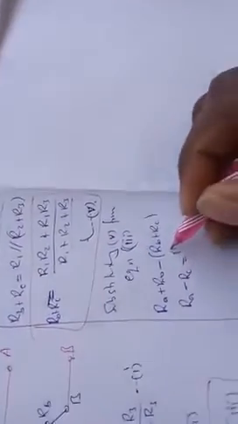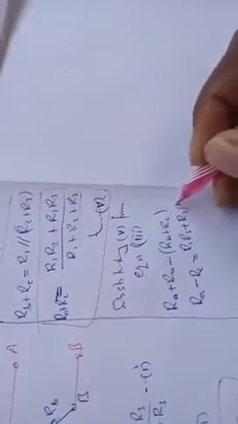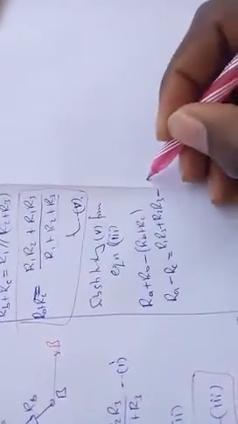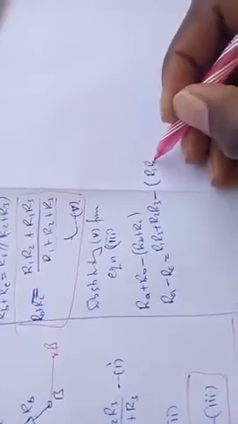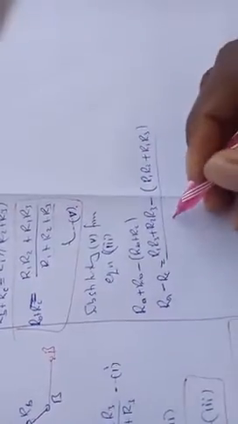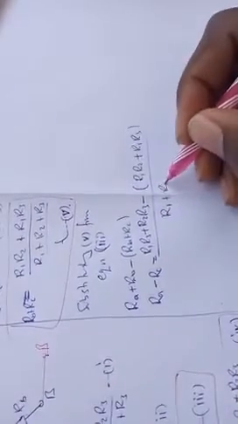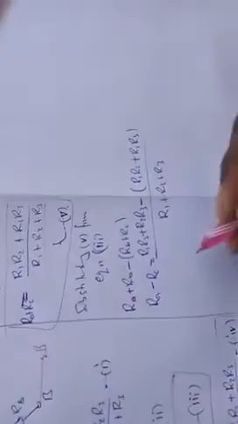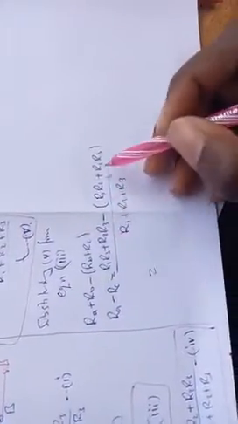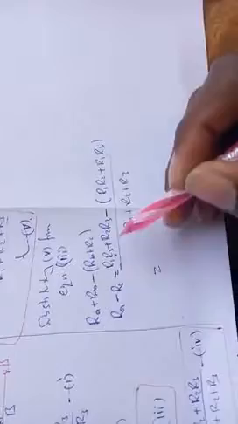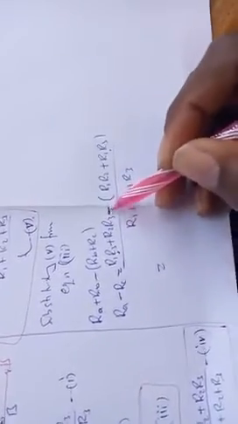So it will be R1 R2 plus R2 R3 minus R1 R2 plus R1 R3 over the same denominator. So as you can see, these are the same, and because of this minus, these two will go.